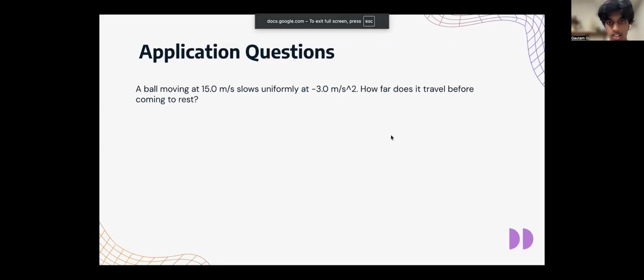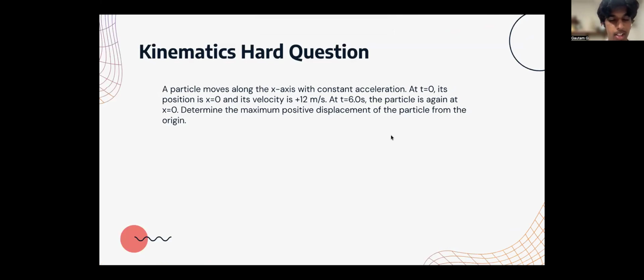Okay, perfect. Sorry. This is a hard question. Do you want to go through this now that you're a bit more practiced in kinematics? Yeah.